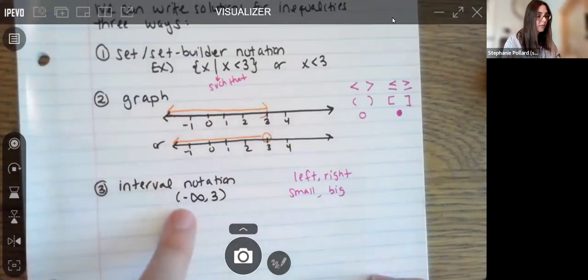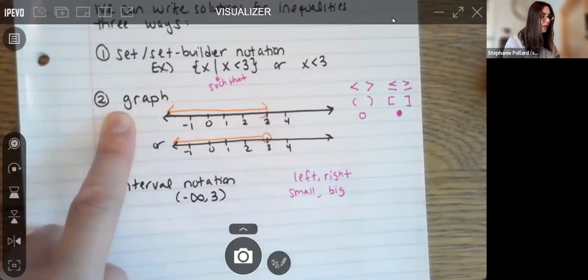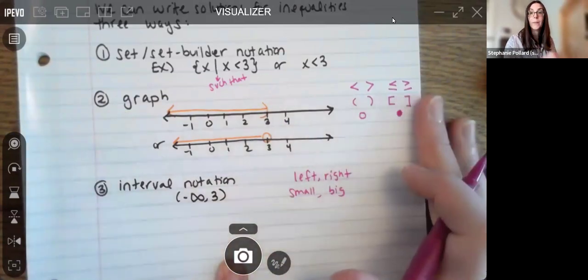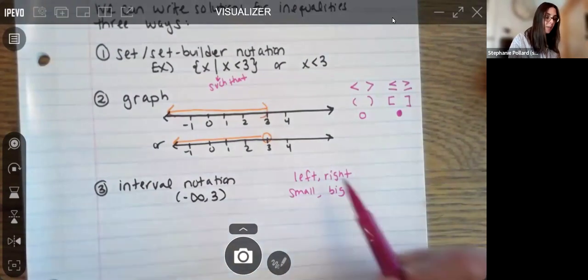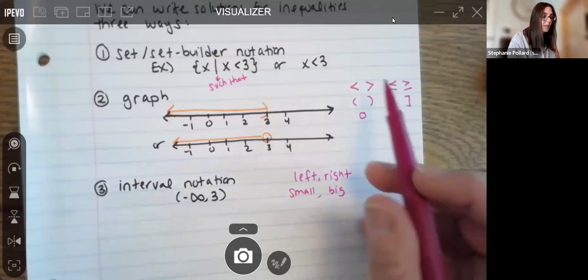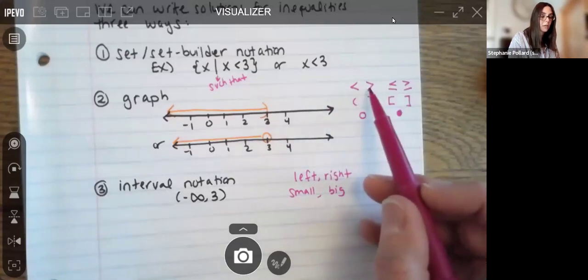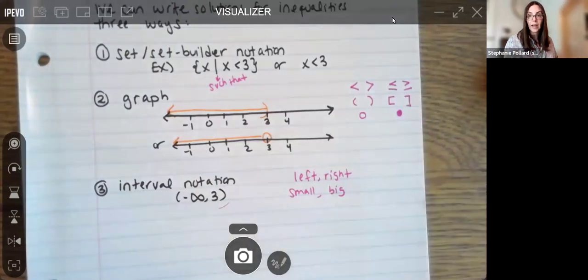So we use a negative infinity to mean goes to the left forever. If you're going to the right forever, you would use a positive infinity instead. So that's something to keep in mind for interval notation, with the same symbols here. If you have a strict less than or greater than answer, you would use a parenthesis at the end, or if it has equality, you would use a bracket. The exception there would be infinities. That side always gets a parenthesis.